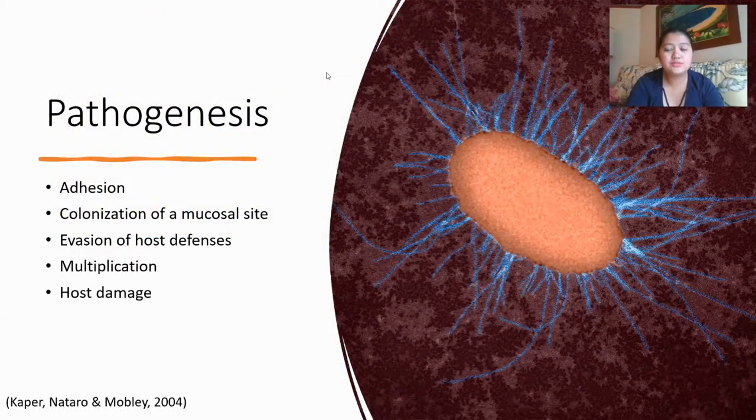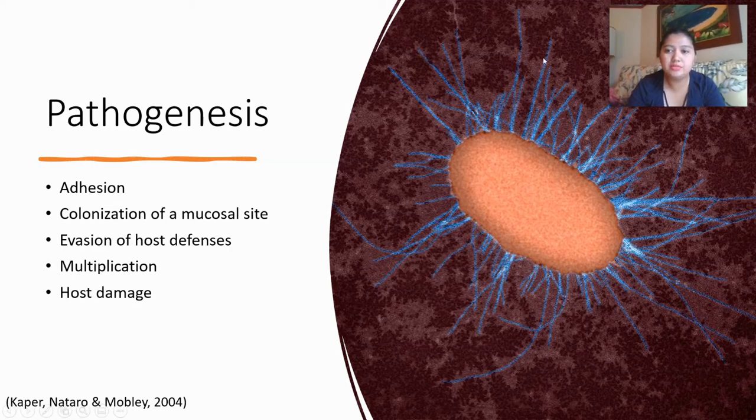So when it comes to pathogenesis, there are five main steps, right? The adhesion, which again is attaching to the host cell. They need to colonize the mucosal site. They need to evade the host defenses in order to multiply, and then from there give the host some damage. As we go through each of the pathotypes, it's the same mode, only the style of how they infect is different.